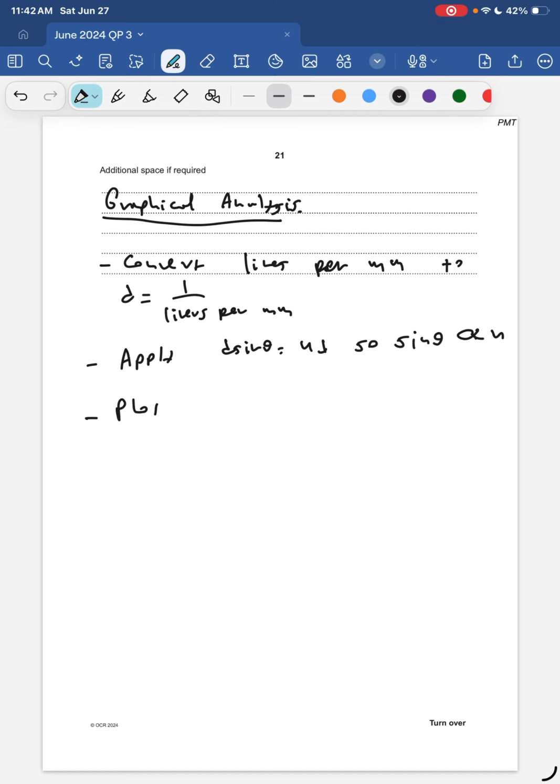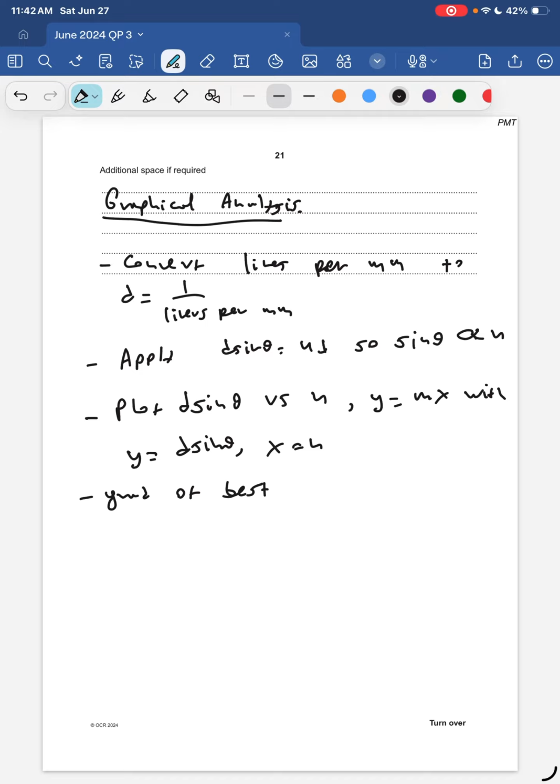Then plot d sine theta versus n, which is of the form y equals mx. So y is d sine theta, and x is n. The gradient of the best fit line is lambda.